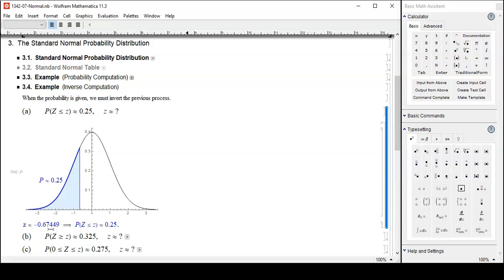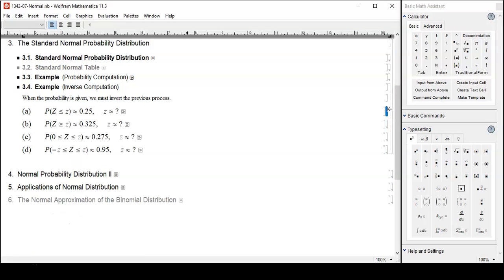Negative 0.67449 according to Mathematica's computation. Hey, that was a very good estimation I did. Negative 0.675 is what I got. And I'm really happy because this came really close. So that's what we do in an inverse problem.